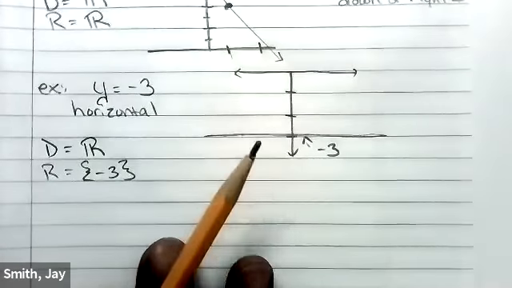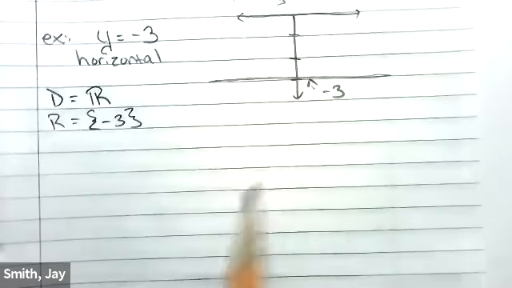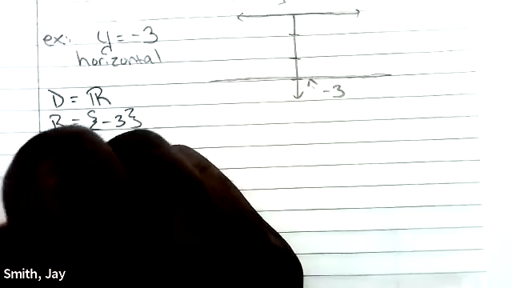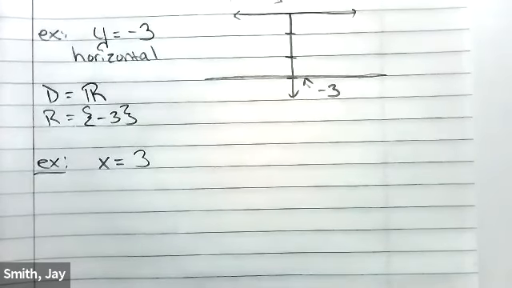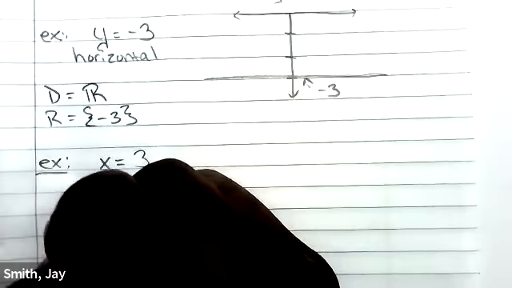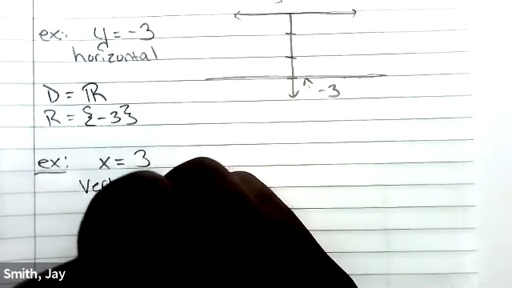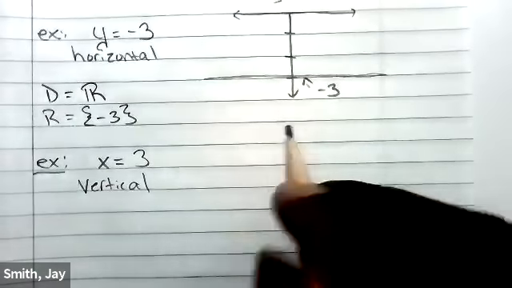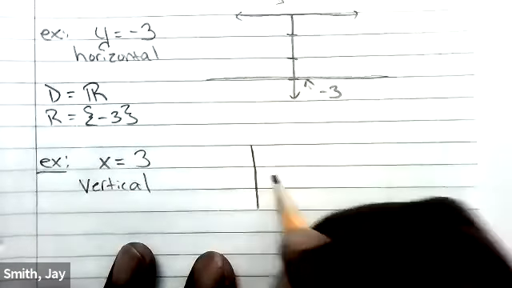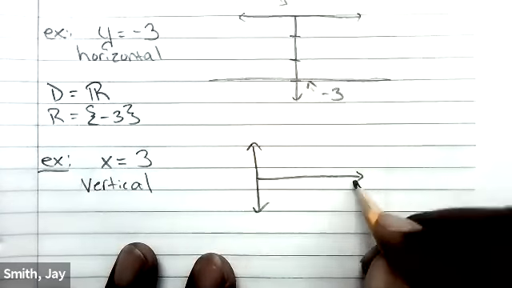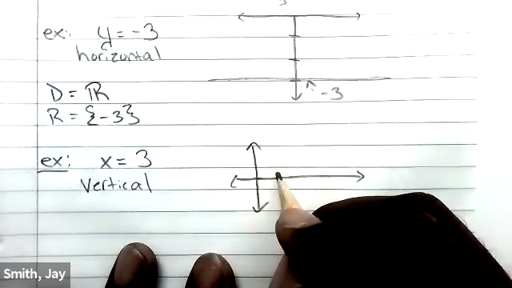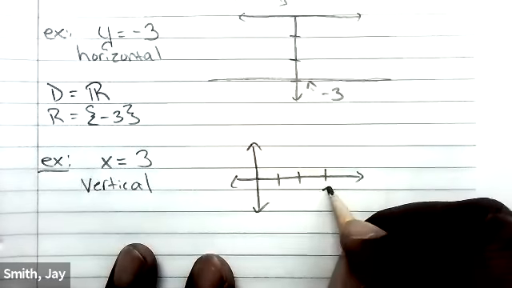So if we're given a perfectly horizontal line, we can also be given a perfectly vertical line. So if we're given the equation x is equal to 3, how do we graph this function, or this line, should I say? That's a vertical line. For the graph, my y-axis, my x-axis, we go to the right 1, 2, 3.